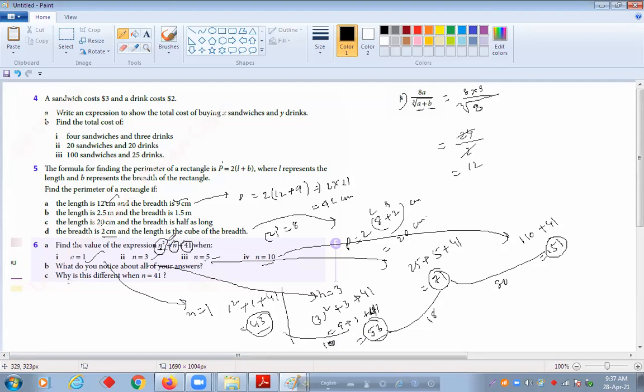That means at that time it will be 41 square plus 2 into 41. That means it will be in the form of a formula like a square plus 2 into a into 1 plus 1 square. So the first two terms we will get if we write n is equal to 41.